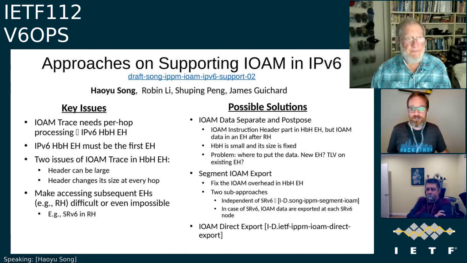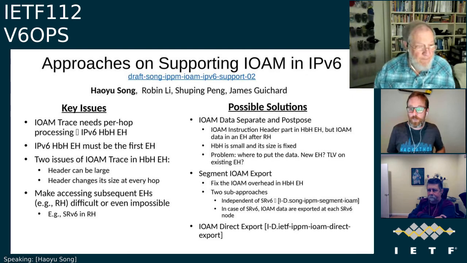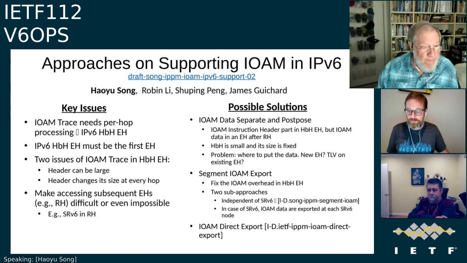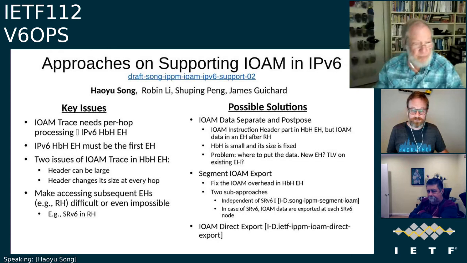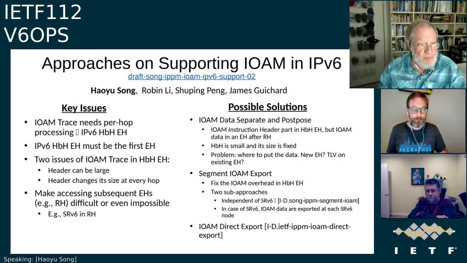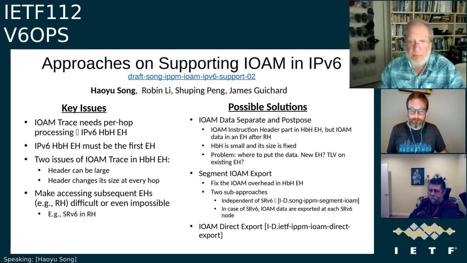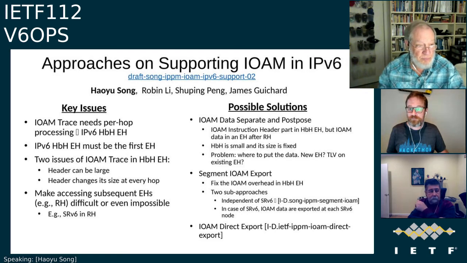Thank you, everyone. I've been looking at discussions, and I find many people think that IOAM will be an important use case for IPv6. So there are already some proposals to support IOAM using the HBH extension header option. But there are some issues with this kind of proposal.